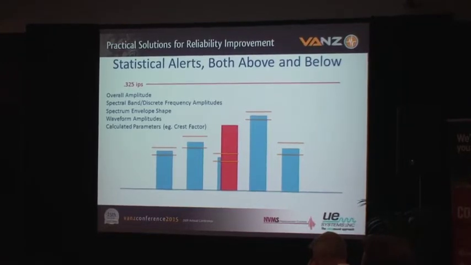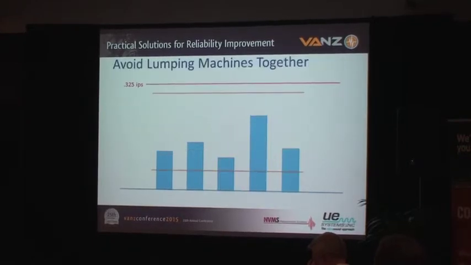And just based on this experience alone with 5 identical pumps, what I've found over the years is that when you go to apply statistical thresholds, instead of focusing on this measurement at this location and just doing statistics on it, let's just lump all the machines together and apply the same statistical criteria to those machines.